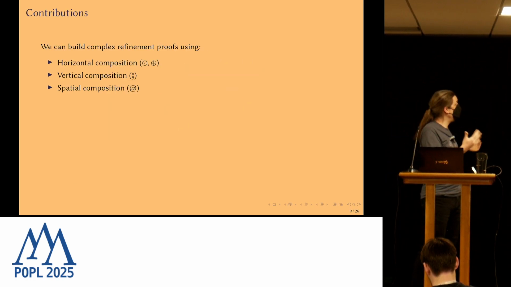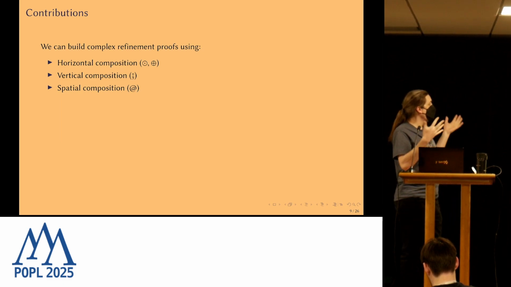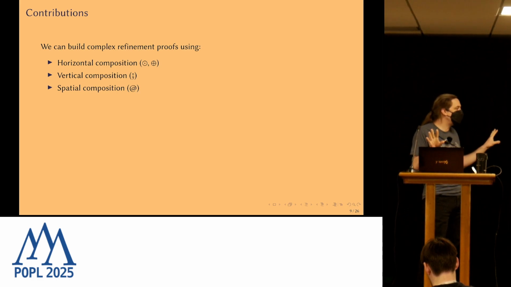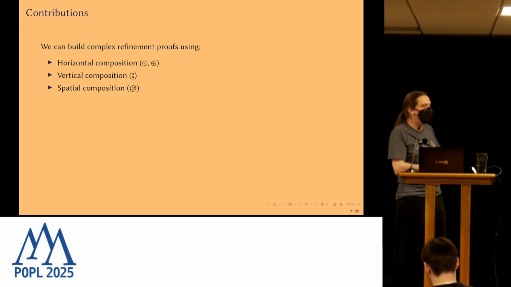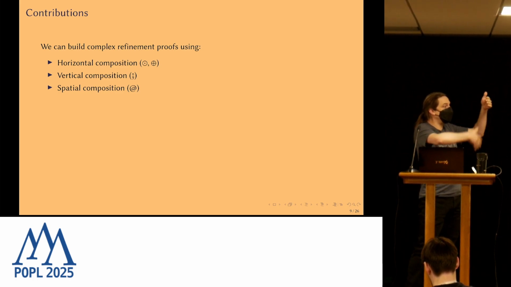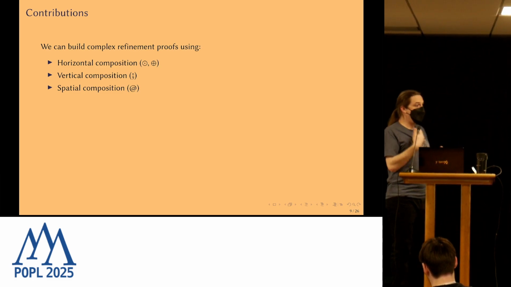So that's the basic idea. We build a framework where we have this notion of not only horizontal composition between the components of a program, but also vertical composition of abstraction relationships and of refinement squares.